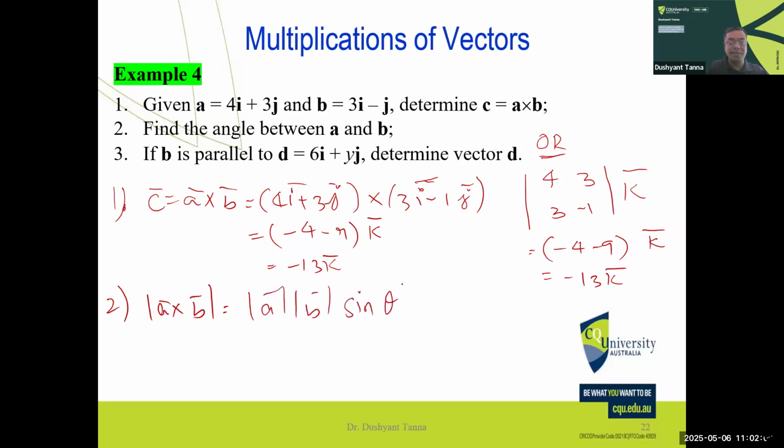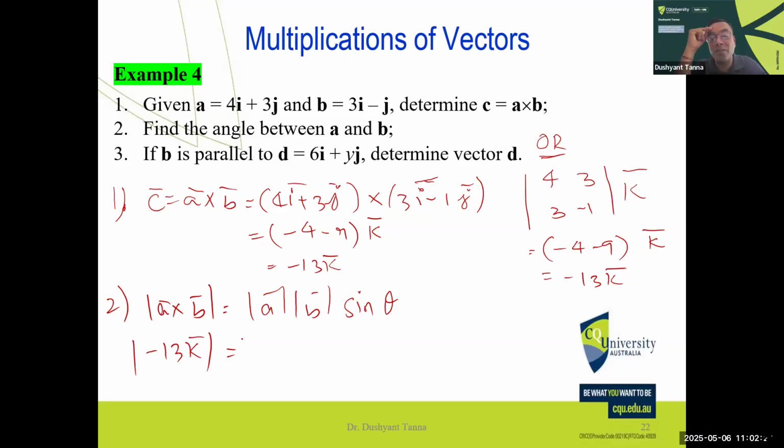So this is magnitude of minus 13k. Let me tell you one thing. If you mix it up with the absolute value, this minus 13, when it comes out of this sign, which we call a magnitude, in absolute value it will be converted to positive.